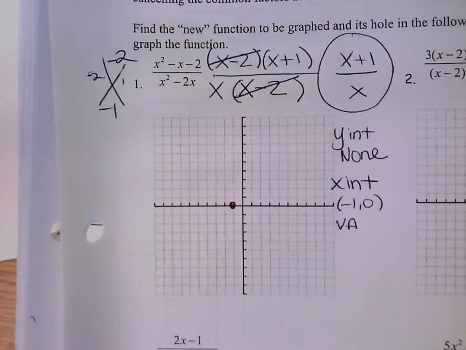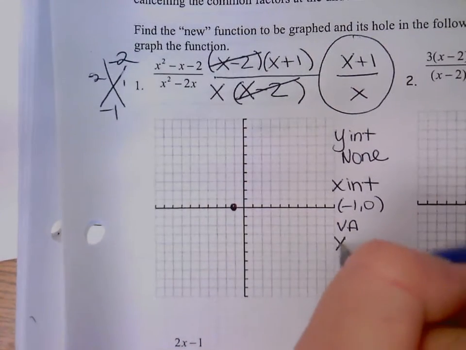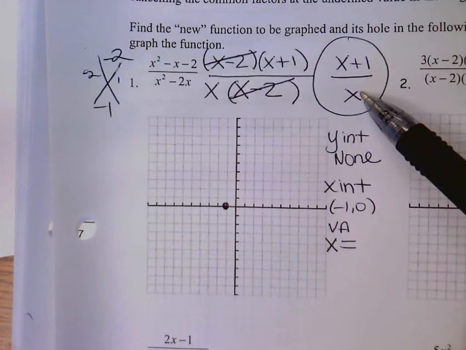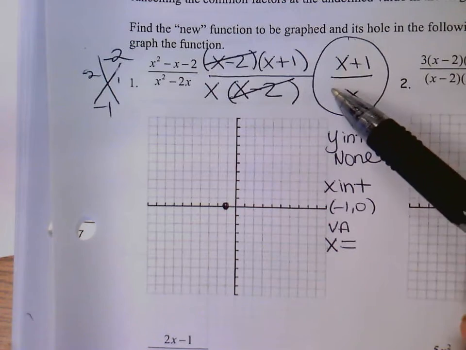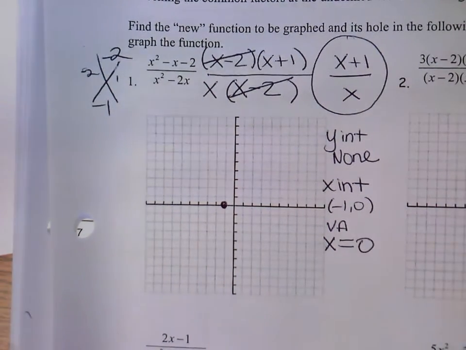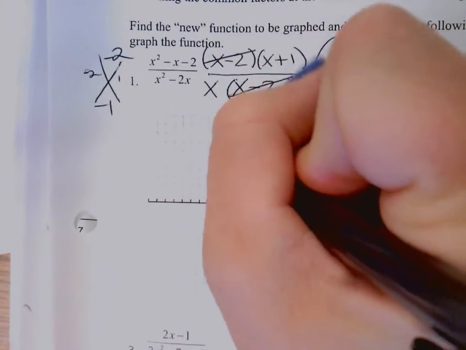So I take a peek at the denominator, and what does it tell me? X can't be what? When will the denominator be 0? When x is 0. So I have a vertical asymptote at x equals 0.